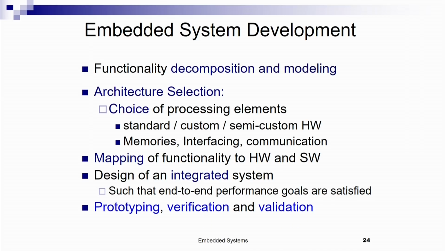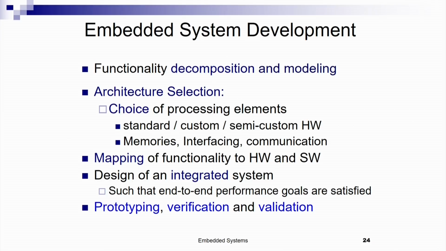What kind of memories, what kind of interfacing, say a UART, and what kind of communication buses or interconnection networks we will use, all this has to come in the architecture selection phase.